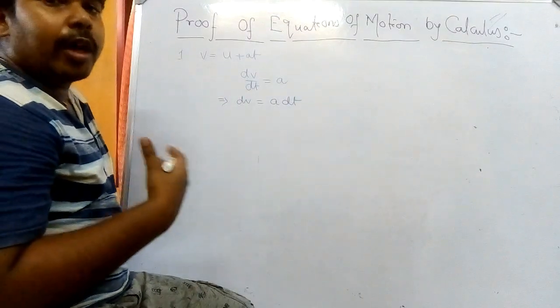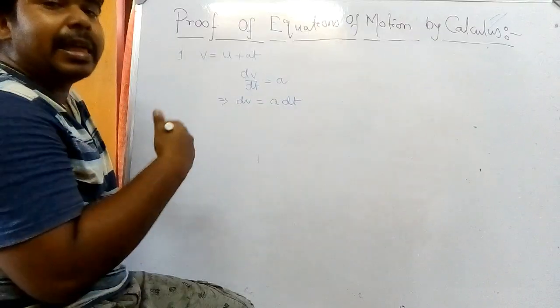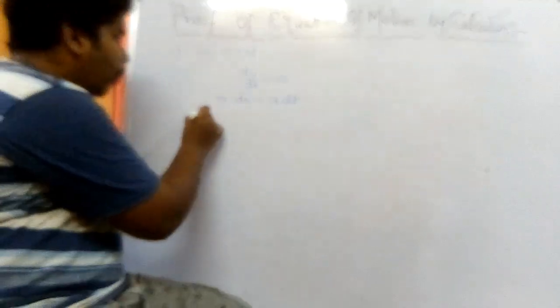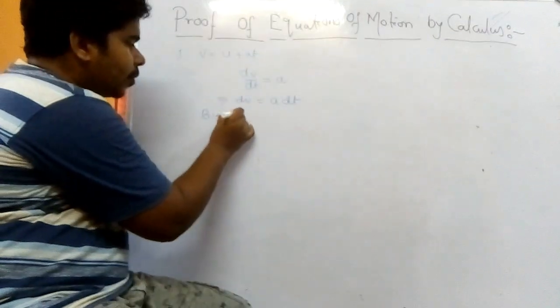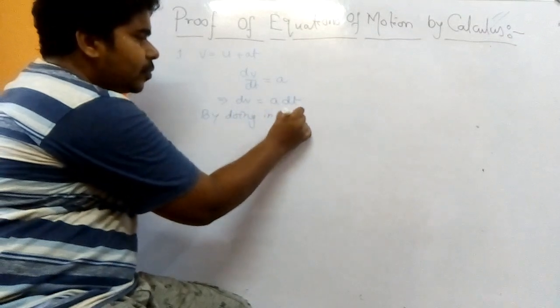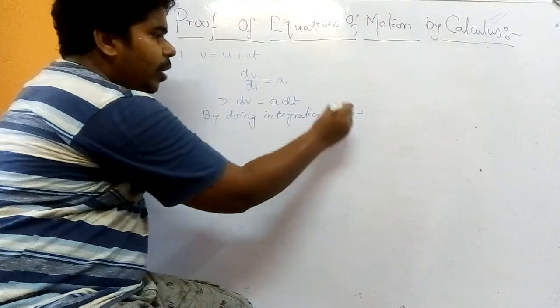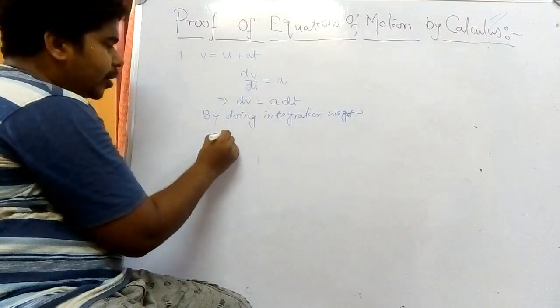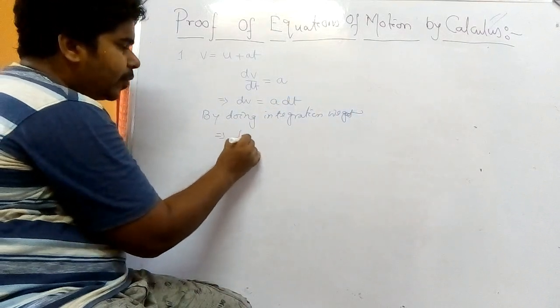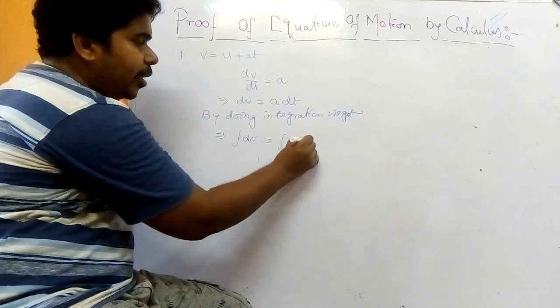Now, if I want to find the velocity, we have to integrate it. So by doing integration, integration of dv equals integration of a dt.